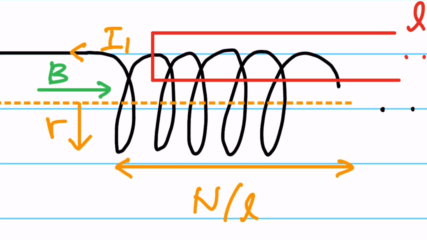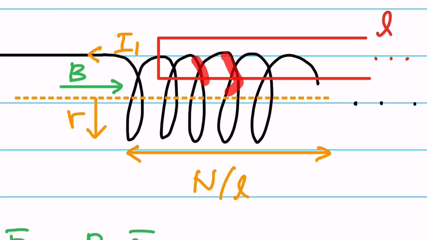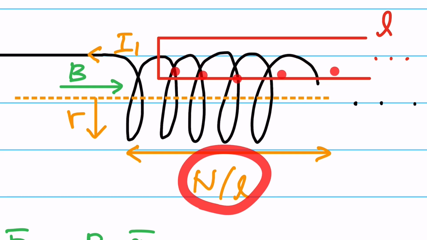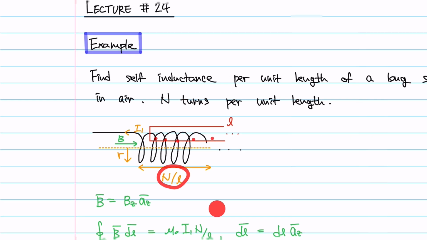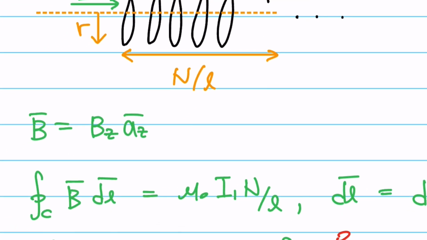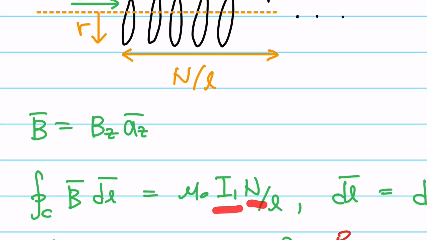Each of the lines puncturing this red box carries I1, but there are n turns because there are n turns per length. So the total amount of current enclosed by that red loop is going to be I1 times n, divided by L.